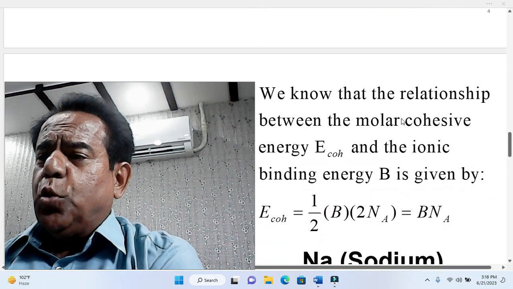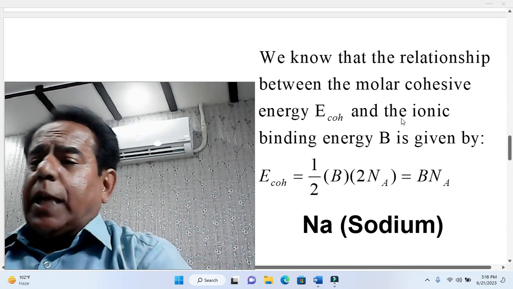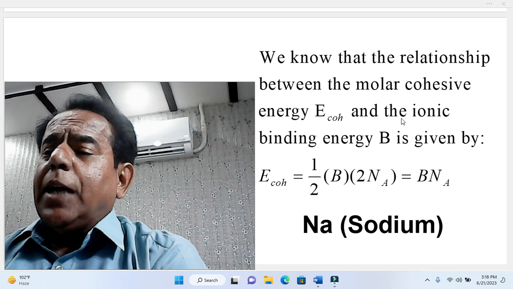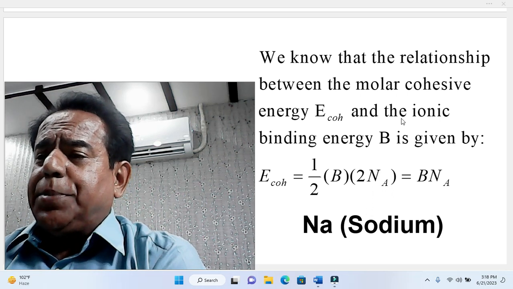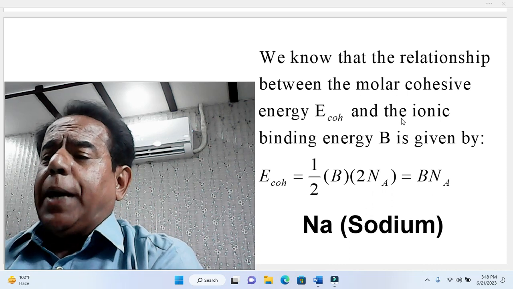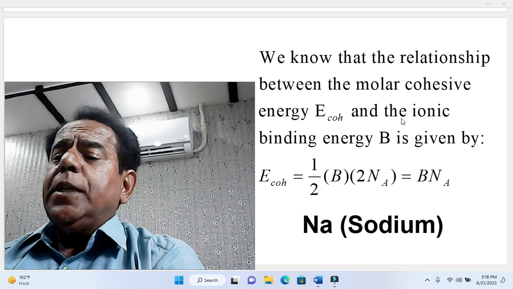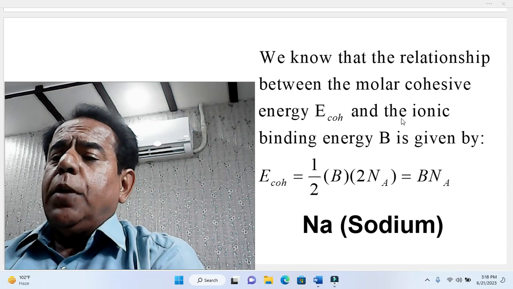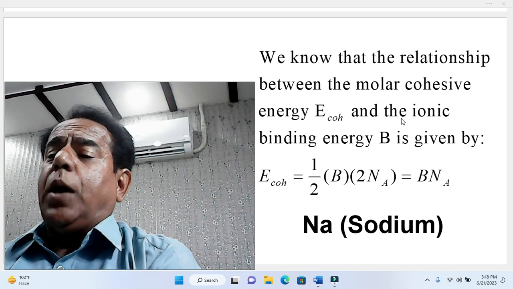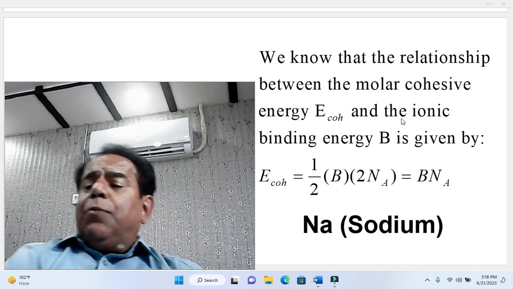We know that the relationship between the molar cohesive energy E_co, where co for cohesive is written as a subscript of capital E, and the ionic binding energy B is given by E_co equal to half B into 2 Avogadro's number.